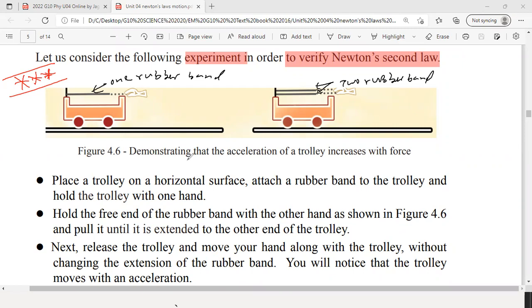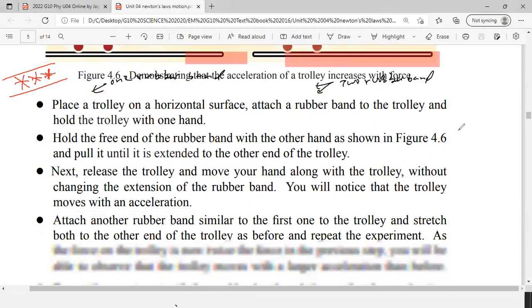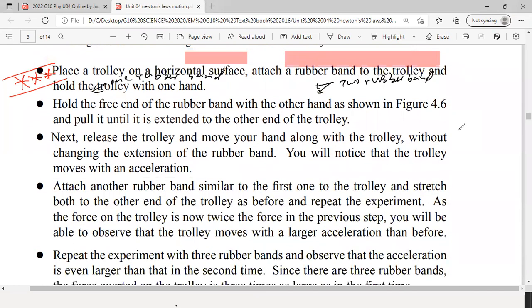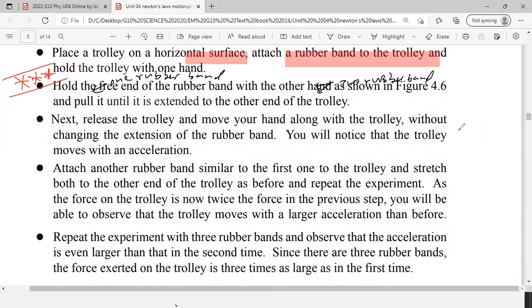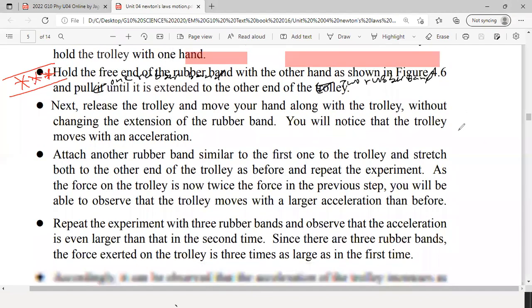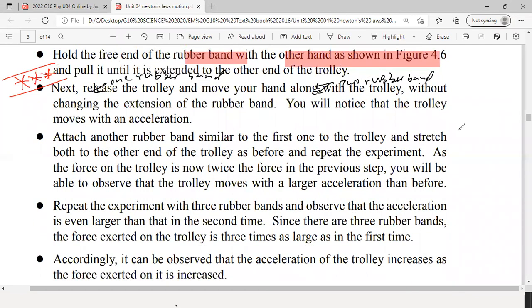Both the trolleys move with acceleration, but the second trolley moves with greater acceleration. It will travel a greater distance. The second trolley will move with higher acceleration, with higher speed. So you can repeat this with 3 rubber bands or 4 rubber bands.